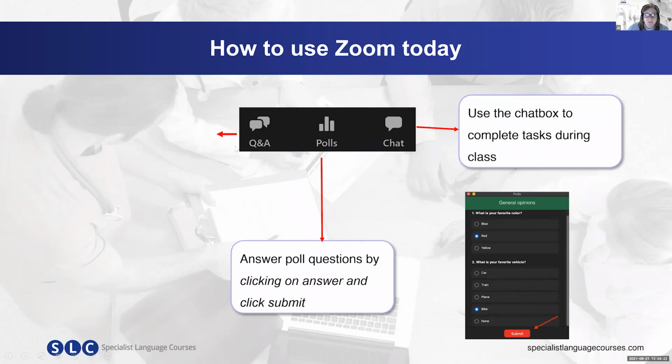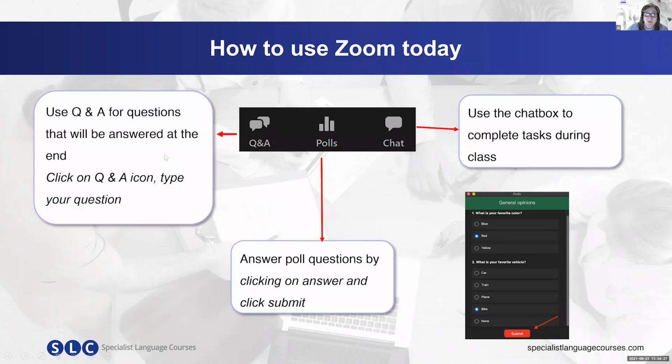The question and answer function will be used for questions that we'll answer at the end of the session. There'll be about 5 minutes at the end where we'll try to answer as many of your questions as possible, so if you think of anything during the session, please put it in the question and answer box and we'll take a look at them later.